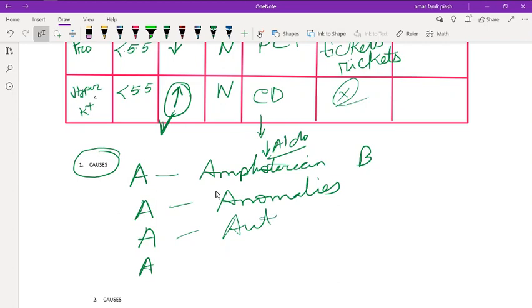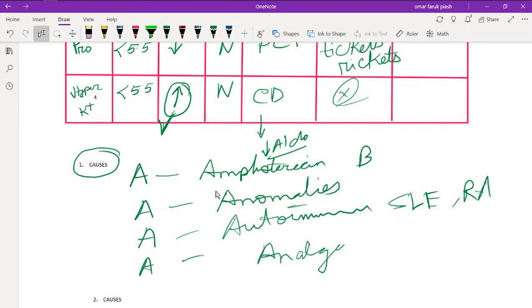A for autoimmune disease, like SLE, rheumatoid arthritis, and Sjogren's. And A for analgesic nephropathy. So the causes of type 1 renal tubular acidosis are remembered this way.